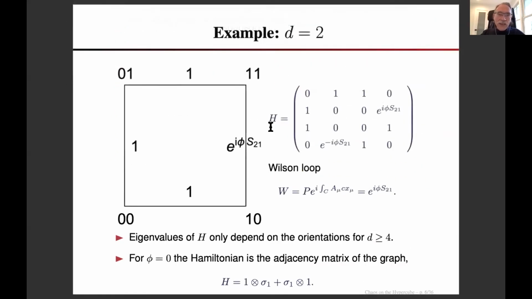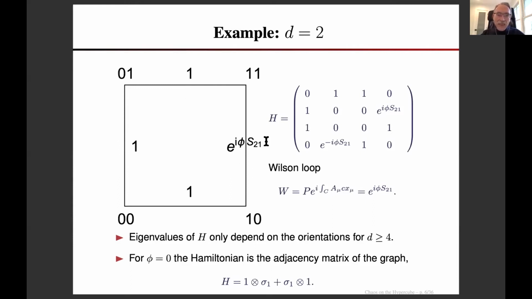Let's look at the simplest case for the model, that is in 2 dimensions. In 2 dimensions, the hypercube is a square, so there are 4 points, 4 nodes. These are the points of the hypercube. You can always choose a gauge in which some of the phases on the links are equal to 1.